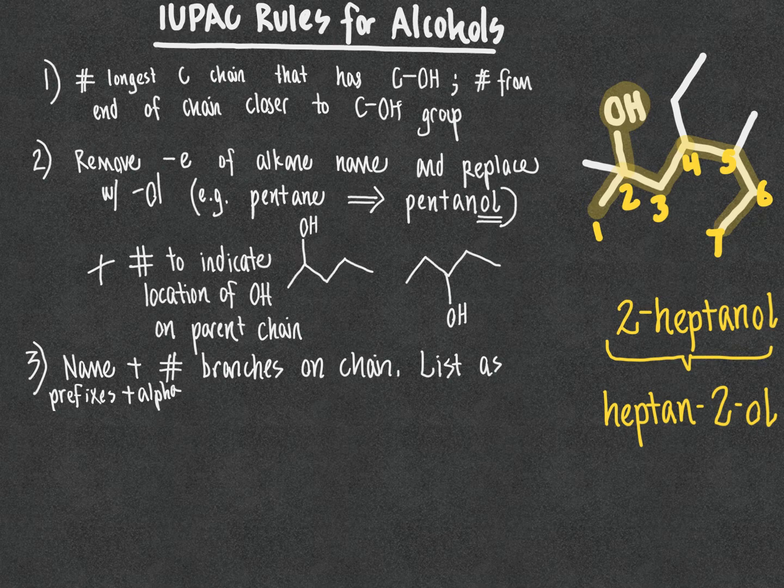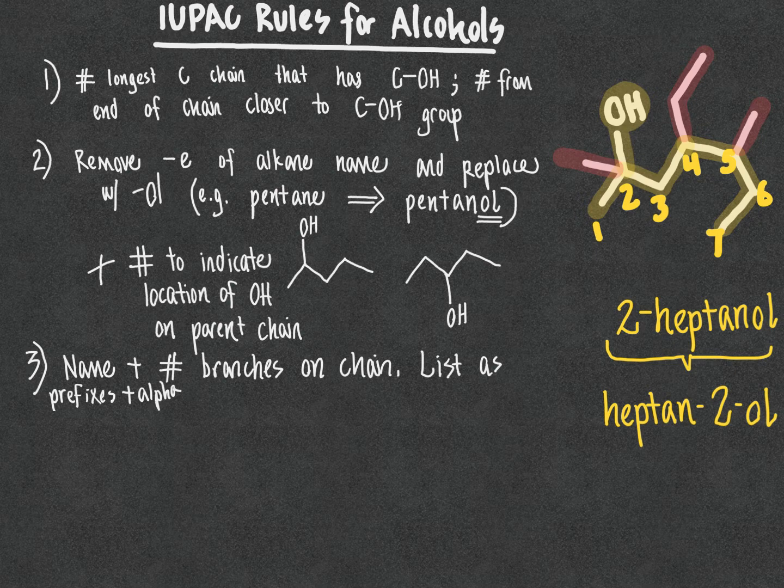Now our next task in our workflow is to go ahead and determine the names and numbers of the branches on the chain, and we'll list those prefixes in alphabetical order here in front of the parent name. Let's go ahead and give that a try. Finding my branches, it's everything that we haven't already highlighted as part of the parent group. So I've highlighted in red here, here, and here, the 3 branches that we have coming off of the parent chain.